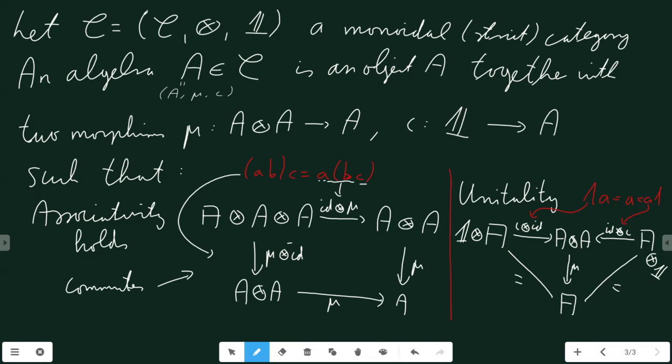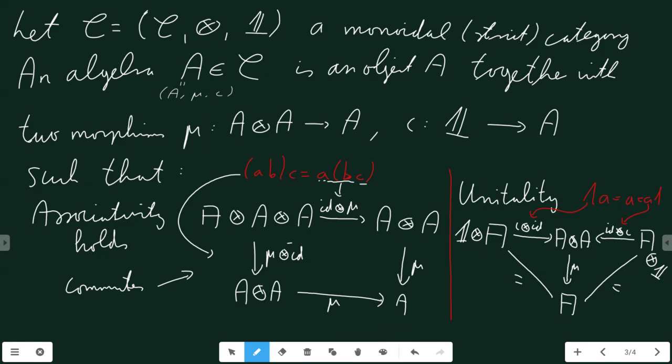Let me give you an example, and then let's do the diagrammatic calculus. Let's go back. So we have two commuting diagrams, which essentially mimic the definition of an algebra that you're used to. And indeed, maybe if you want an example. An algebra in this setup is an algebra, and the choice of a monoidal category.